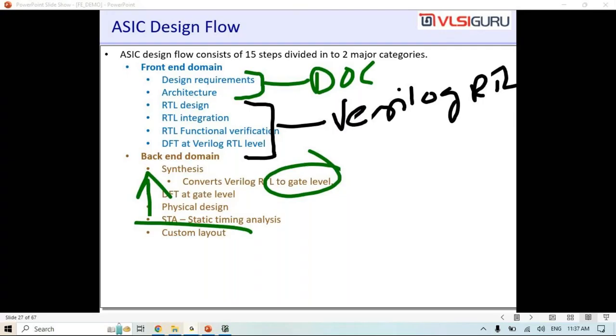From here to here, gate level format. Here it converts to transistor level, MOSFET or FinFET, whatever. There you draw, since you have MOSFETs, you have to draw the layouts, right? Individual layouts. That is custom layout.